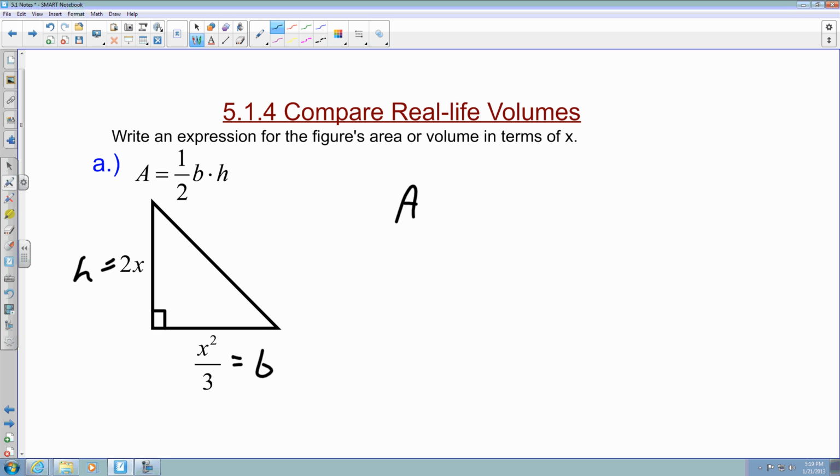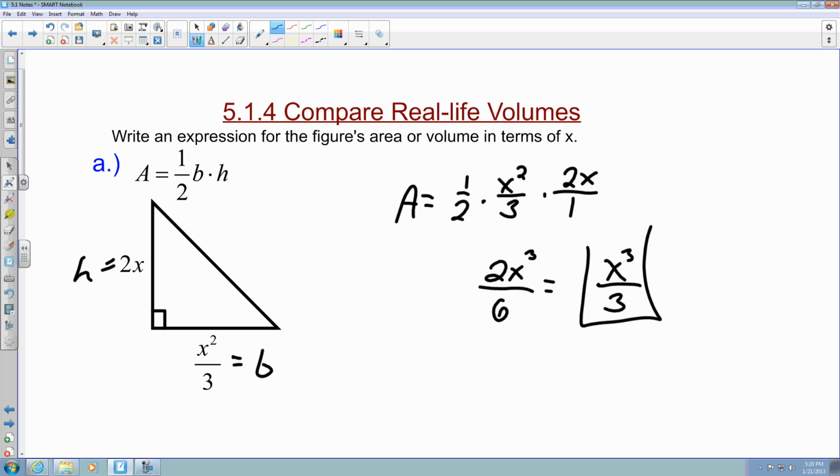So I'm left with area equals 1/2 times x squared divided by 3, because that's b, times h, which gives me 2x. Well, I'm going to do 2x over 1 because everything else is fractions. So if I multiply this across, I would be left with 2x to the third divided by 6. And if I bring this to lowest terms, I'd get x cubed over 3.